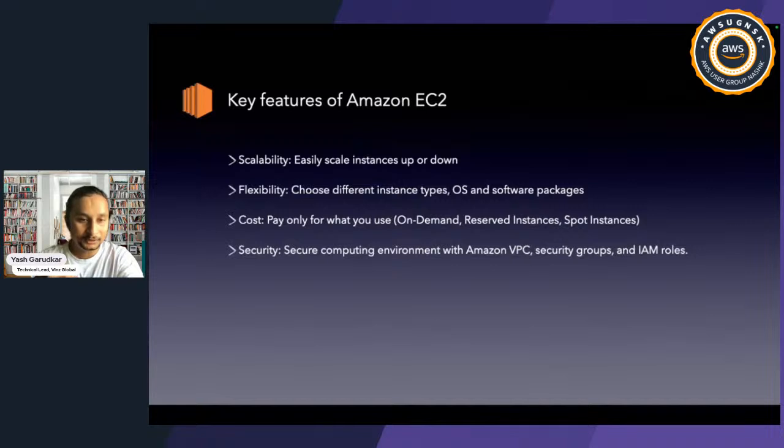Security: a secure computing environment with Amazon VPC, security groups, and IAM roles. Amazon VPC allows you to connect to your EC2 and manage your virtual space in a much more secure manner. Security groups are used for inbound and outbound traffic for your server. IAM roles are for the people.